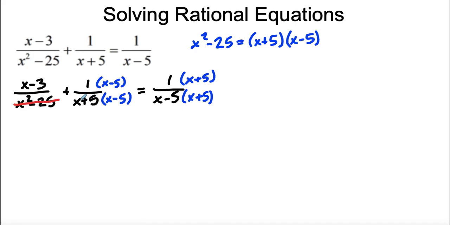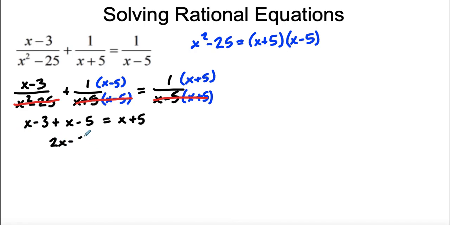Now we're just going to solve for the numerator because they are now all the same. So I can now rewrite this x minus 3. Well, 1 times x minus 5 is just x minus 5, right? And then that is equal to 1 times x plus 5. Since it's times 1, it's pretty easy. Now we're just going to combine terms.